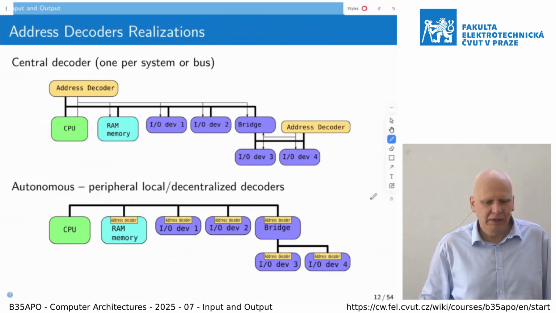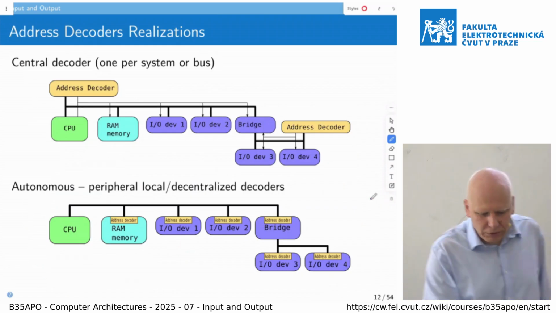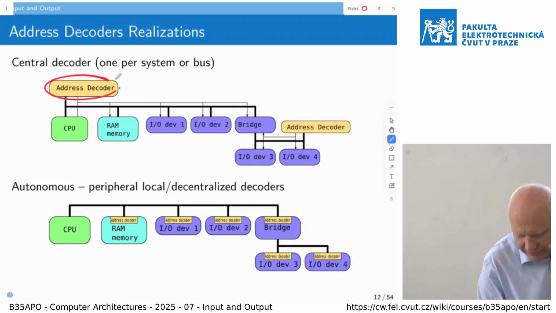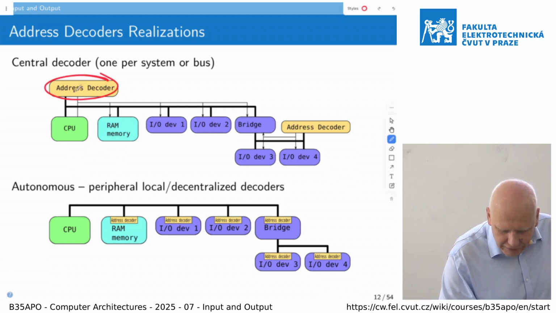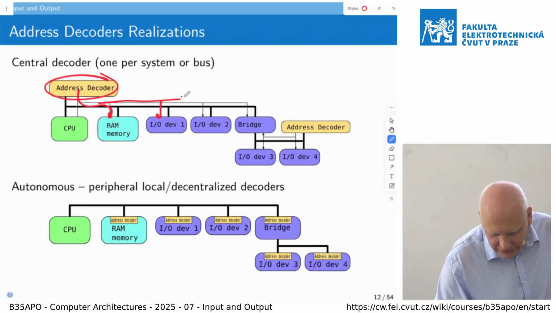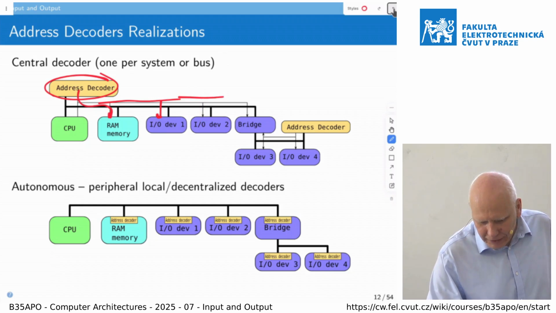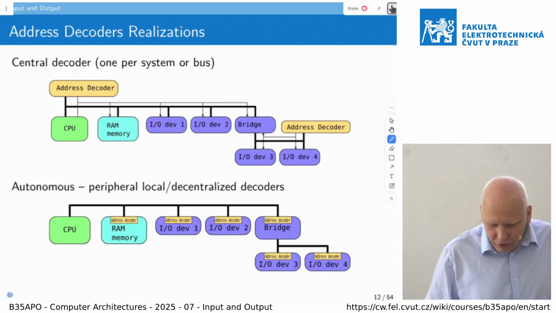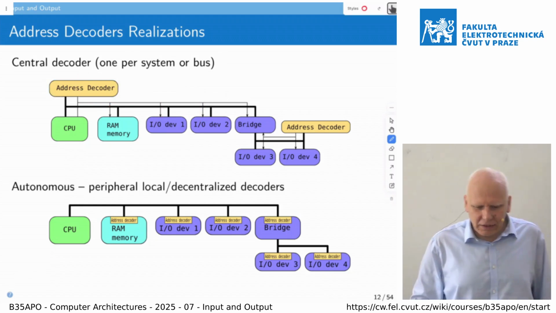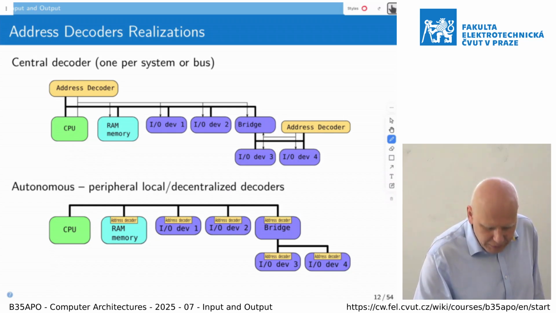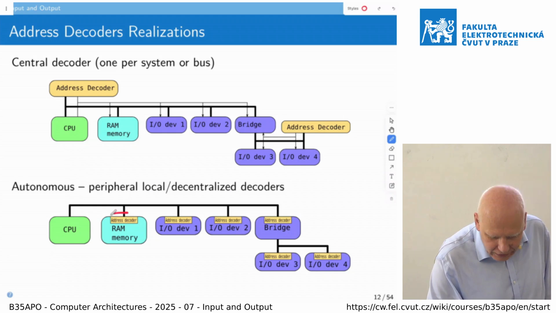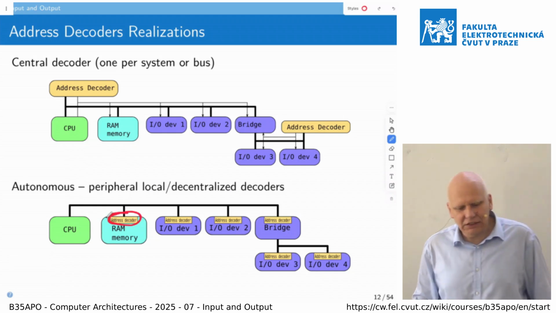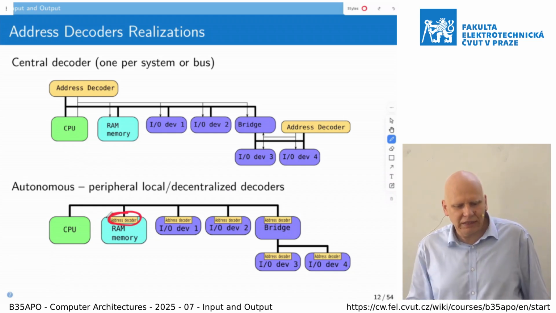As for the address decoder, there can be a central address decoder which has individual wires, so-called chip select or device select, which select individual peripherals on the board. Or there can be a distributed version with peripherals which have their own base address registers and distributed address decoder.